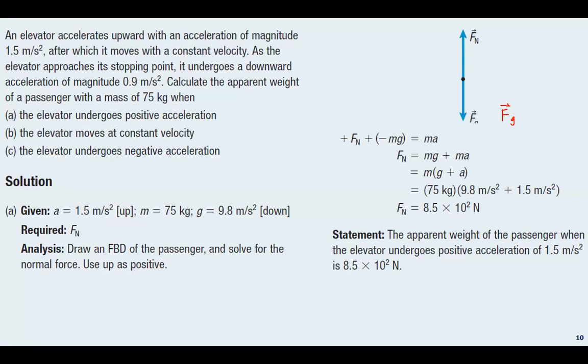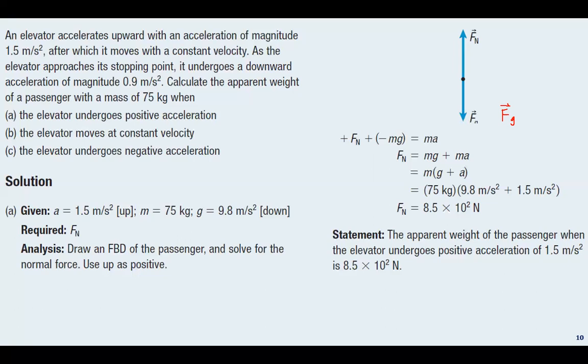And in situation C, again, we can draw an FBD of the passenger and solve for the normal force. So this time we have the net force along the vertical axis equals ma, which gives us negative Fn plus mg equals ma, and Fn is mg minus ma.